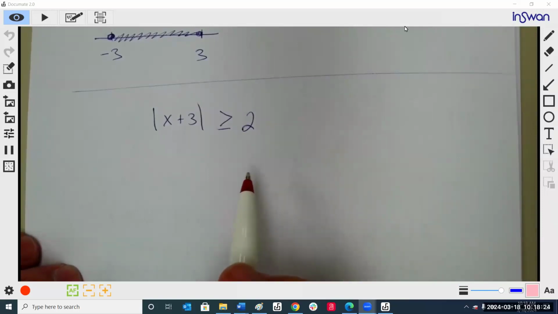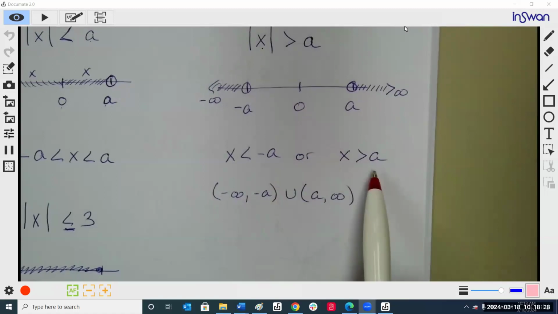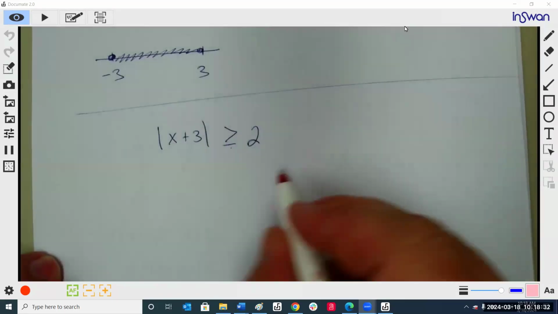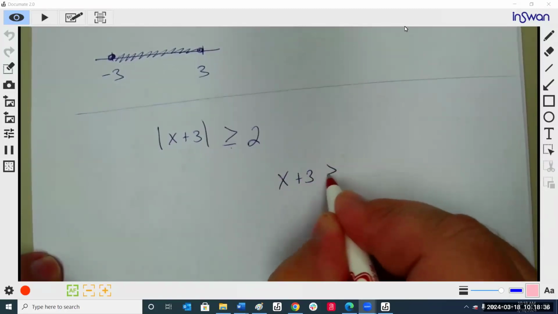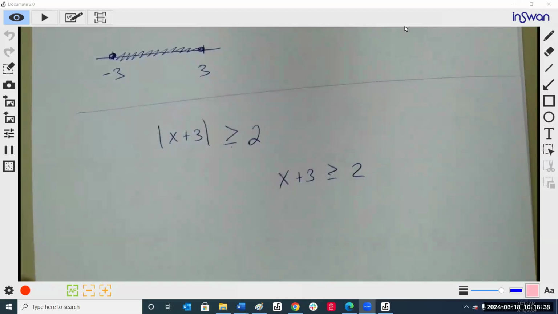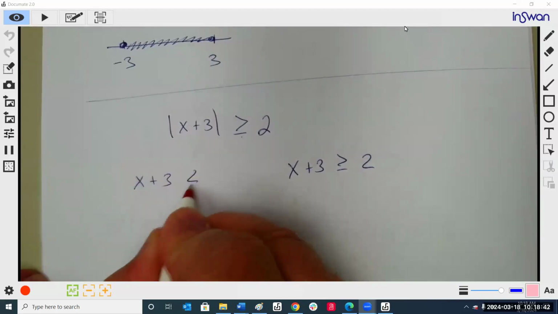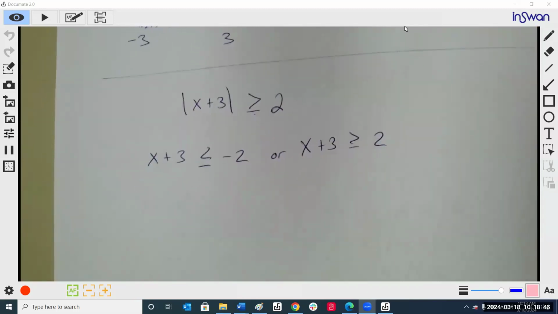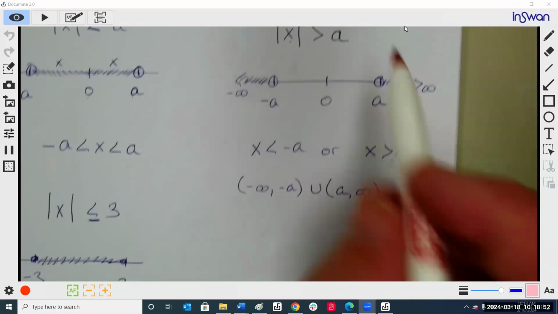All right. Since it's greater than, we know we have to use this formula set. So x is greater than a, so this part stays the same. x plus 3 is greater than, but on the other side, we have x plus 3 is less than or equal to -2. So look at the formula.